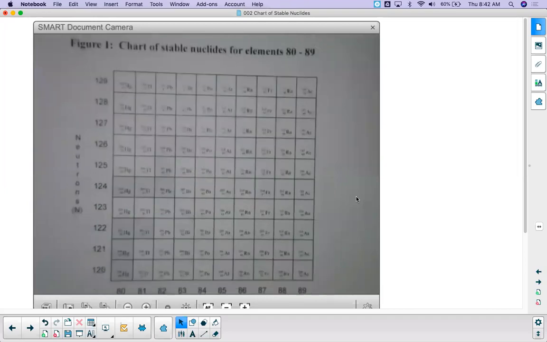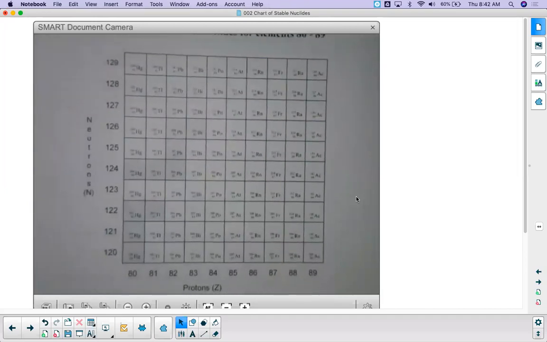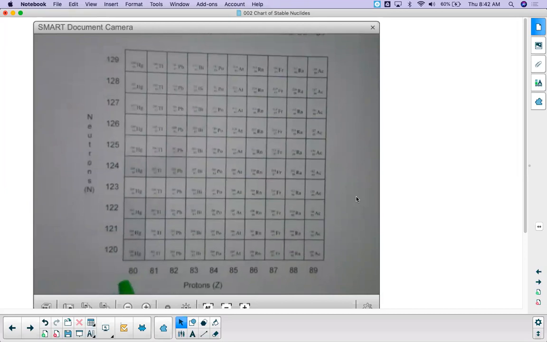They fall apart. So figure 1 here is a picture to represent everything we could possibly make if I let you use anywhere from 80 to 89 protons and anywhere from 120 to 129 neutrons. There are 100 different things we could make, and their AZX symbols are in all of these boxes.